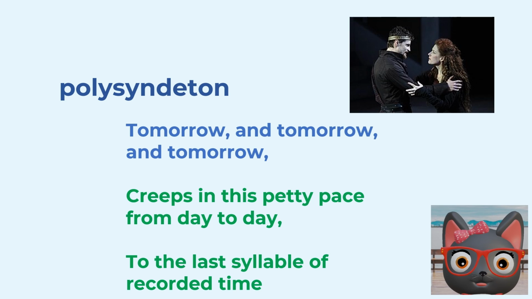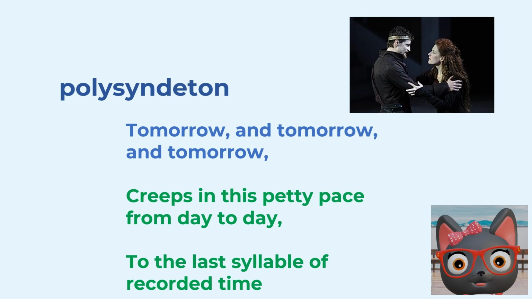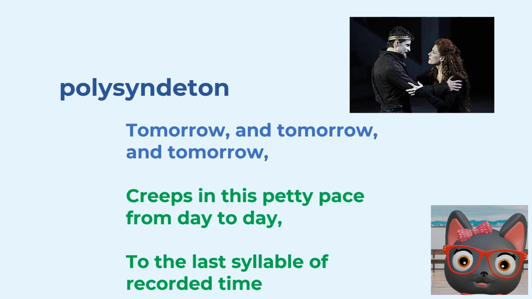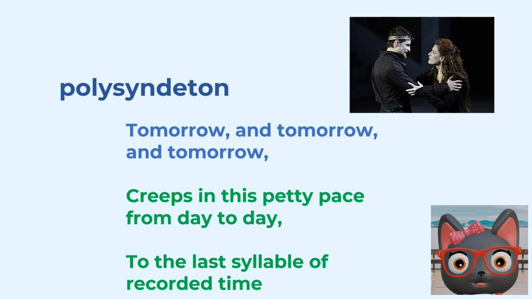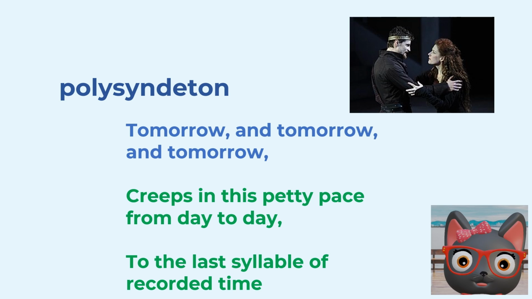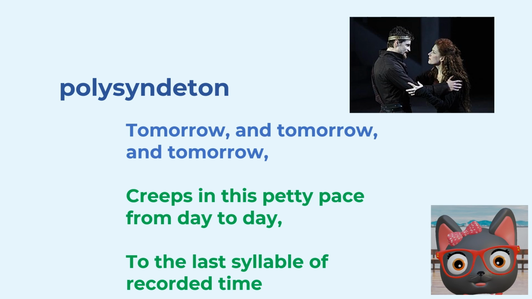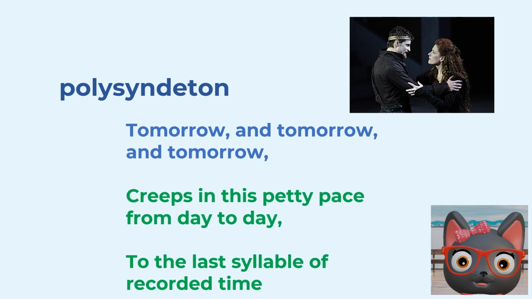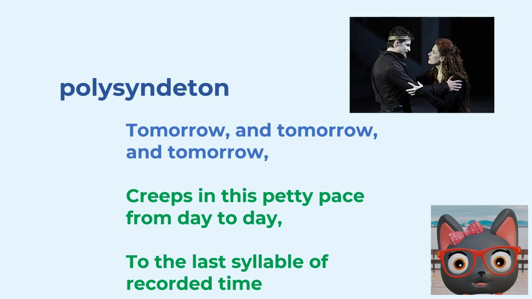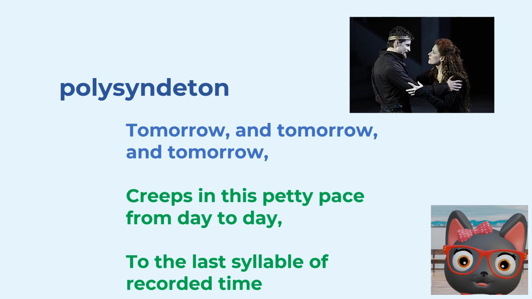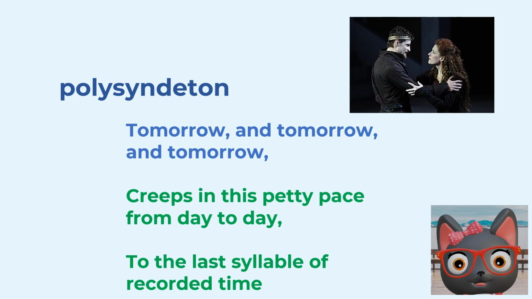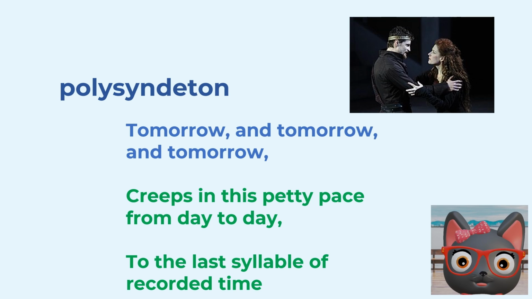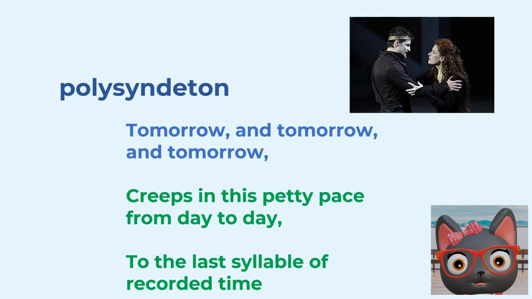In order to do this, he uses polysyndeton, repeating the conjunctions between the tomorrow and tomorrow and tomorrow. Also, side note, did you notice the personification used by Macbeth when he says, "Tomorrow creeps in this petty pace"? A plus if you did. Polysyndeton is used to create pauses in a sentence and emphasize a series of words. It's often used to give a sense of slowing down or create a rhythm that alternates between speeding up and slowing down.